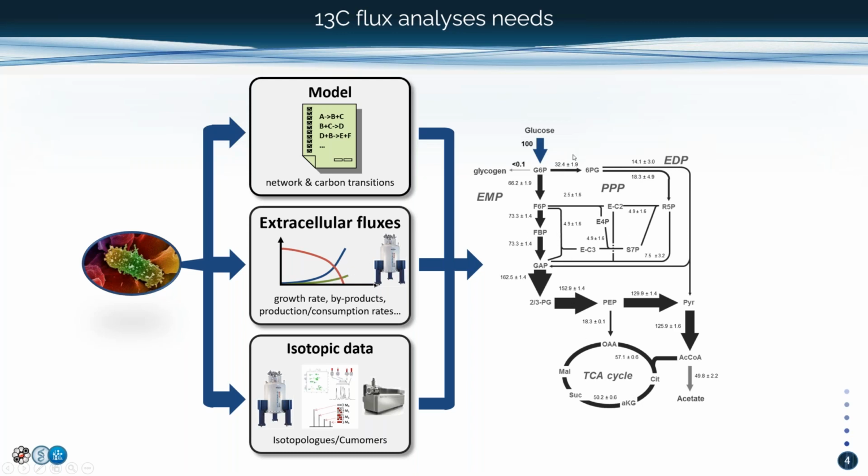We will need to measure what is going in and going out from the cells, so the extracellular fluxes, and it's mainly done with NMR. We will see that we can also measure the labeling of the carbon entering and leaving the cells, and we will need isotopic data that can come from NMR or from MS, or combined.